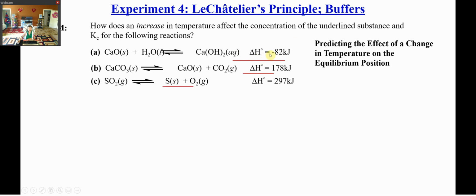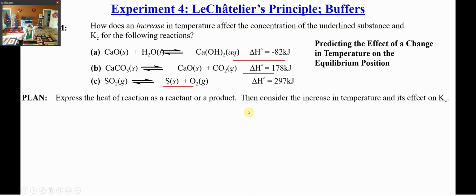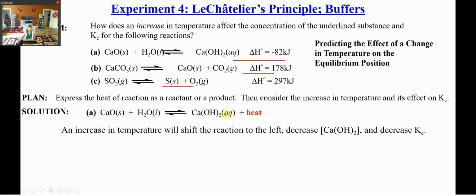If you increase the temperature, you want that temperature increase to be decreased, so the equilibrium wants to bring it back. Therefore you shift to the left.